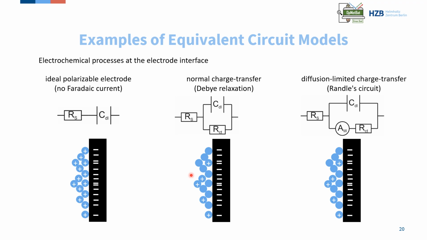Consequently, for a charge transfer, part of the ions in the double layer will modify their charge by receiving or giving electrons to the electrode, which can also result in deposition processes. With diffusion limited charge transfer, a Randles circuit is proposed, with the Warburg impedance represented by a Warburg element in series with the respective charge transfer resistance.